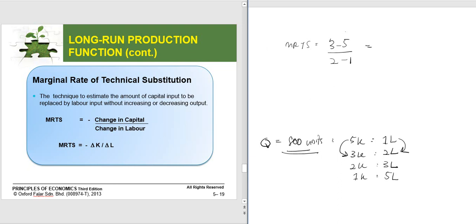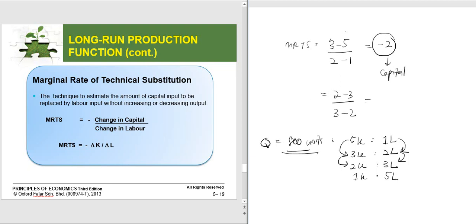So what you will get is negative 2, meaning you have to reduce 2 units of capital to add one more labor in your production. Or if you use another example here, from 2 labor to 3 labor, how much capital you have to reduce is 2 minus 3 divided by 3 minus 2.